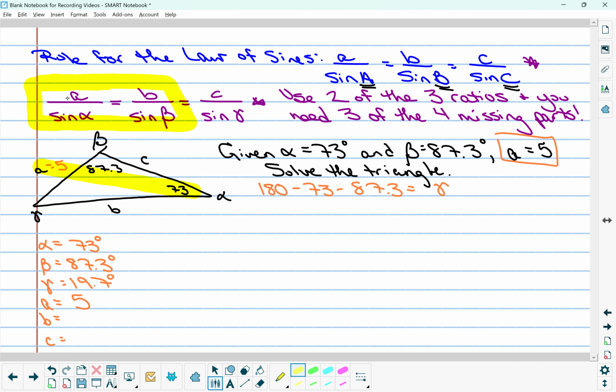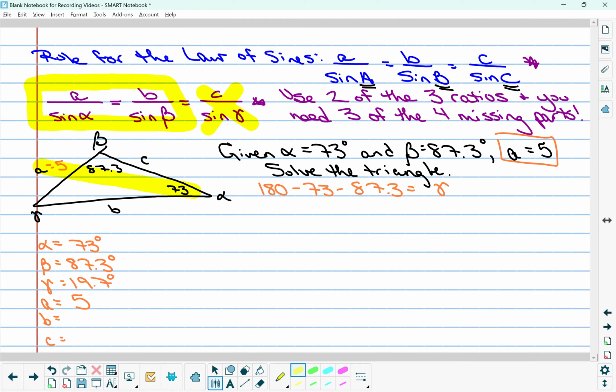Okay, we know A, we know alpha, we don't know little b, but we do know beta. So we know three of the four. We don't know anything about C or gamma, so we can't use this. It's kind of off the table for this one because we just don't have any information. But we'll get there. We'll find it all.